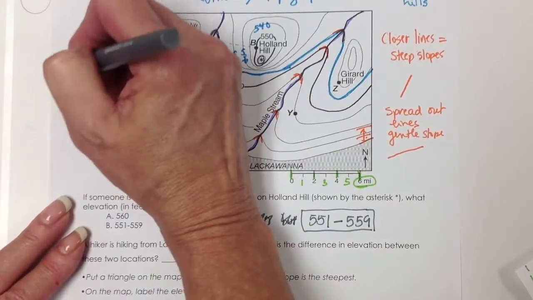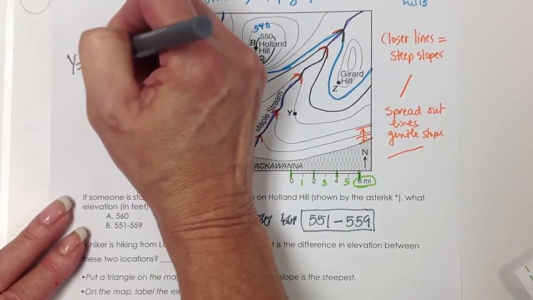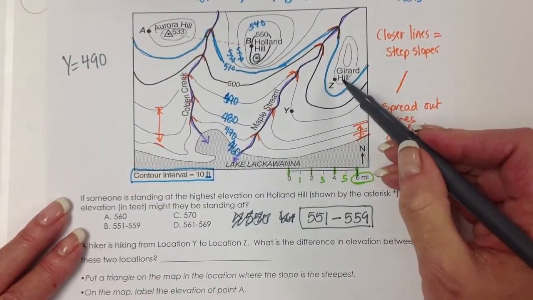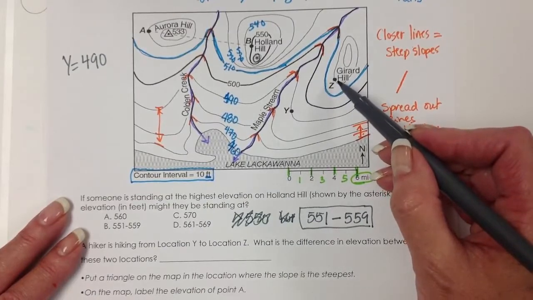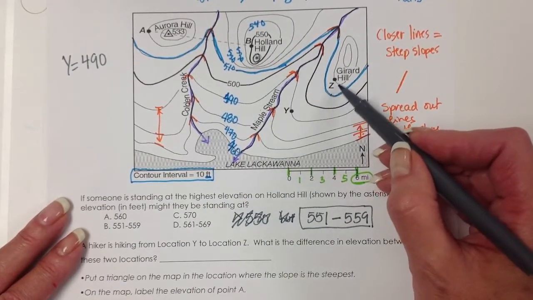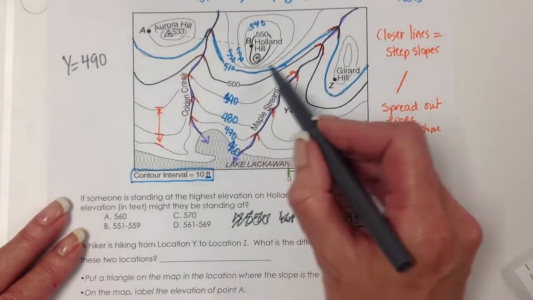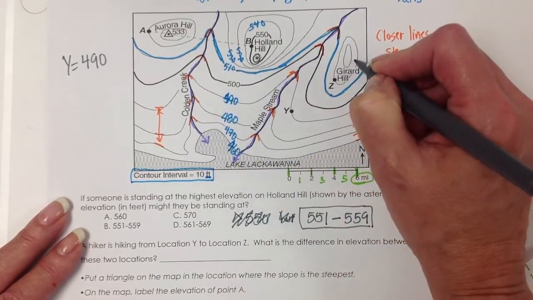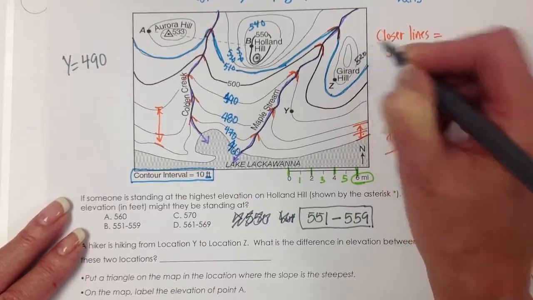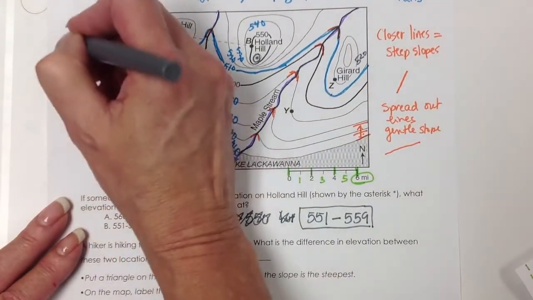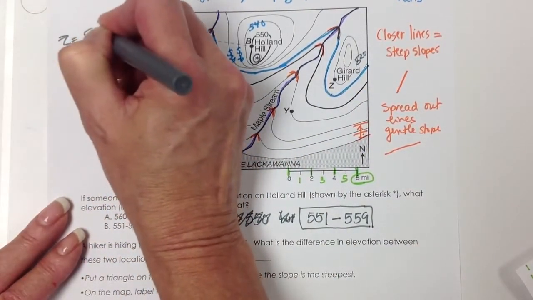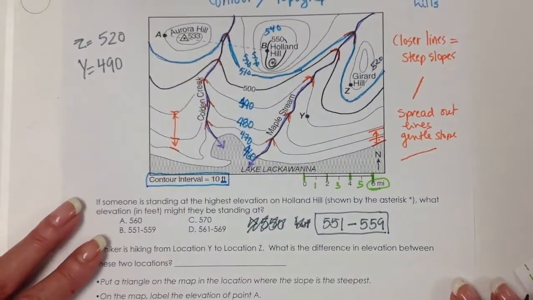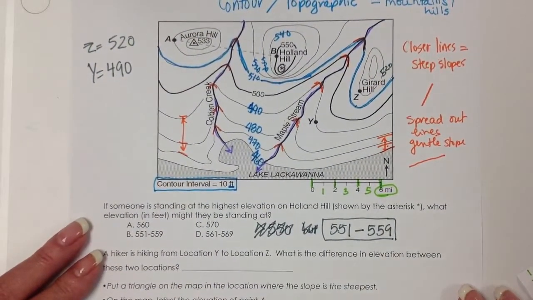Y is equal to 490 feet. And Z is also on a line. So it's one above the blue one I traced earlier, which was 510. So this one must be 520. So Z is equal to 520. They want to know what is the difference between the two.